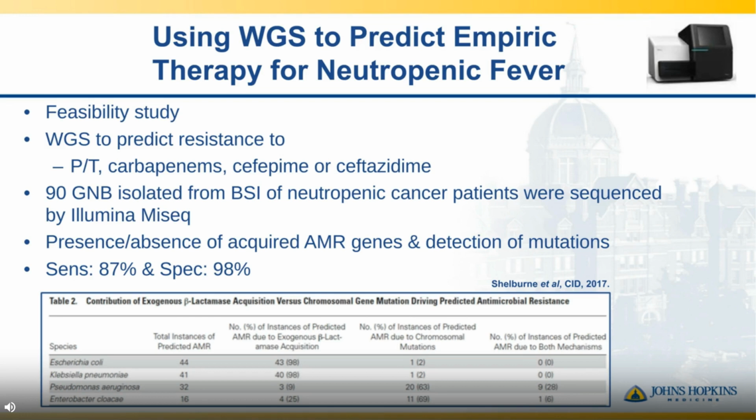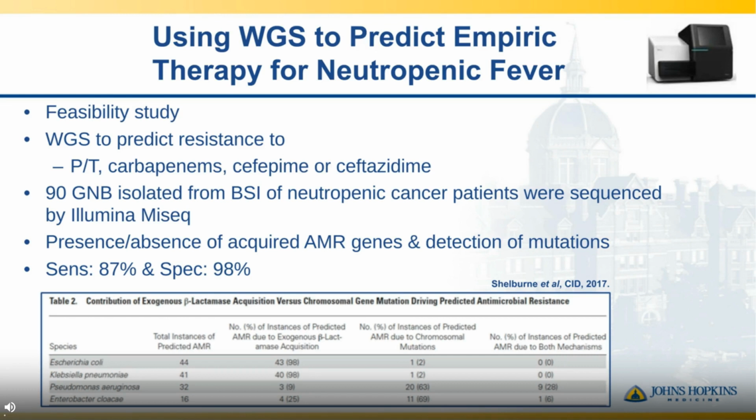They sequenced the isolates on the MiSeq, and they did manual curation to determine the presence or absence of acquired antimicrobial resistance genes, as well as detections of mutations that can lead to resistance to these beta-lactams. And overall, they found a sensitivity of 87% and specificity of 98%. And so this study really demonstrated the feasibility of using whole genome sequencing to guide antibiotic treatment decisions for patients with life-threatening infections for an array of medically important gram-negative pathogens.